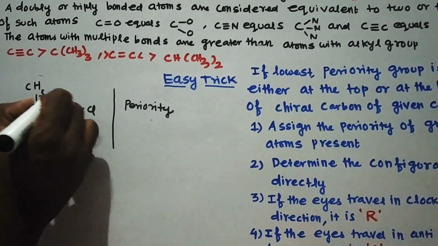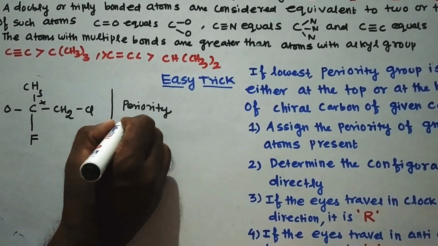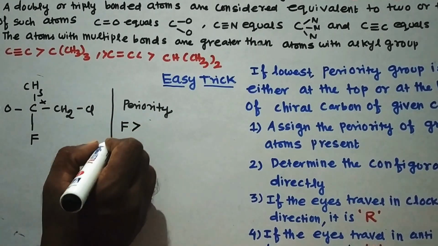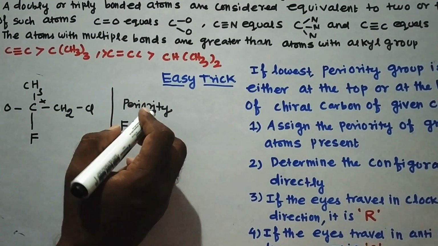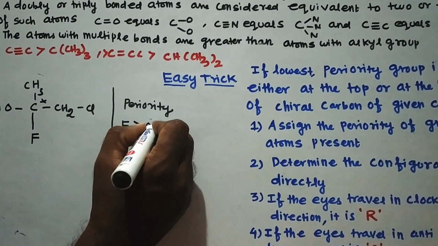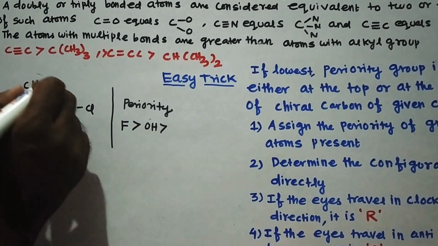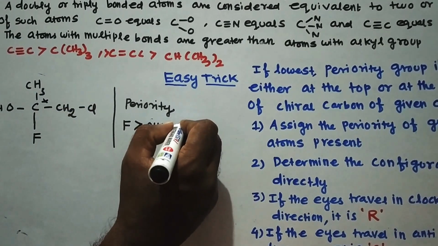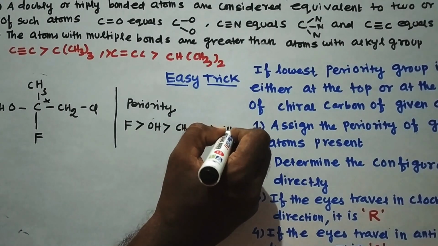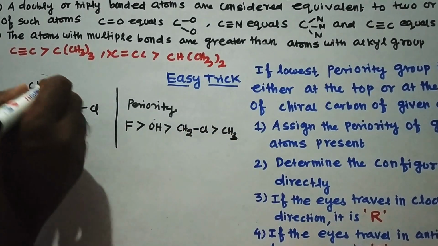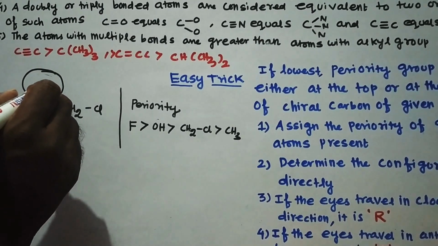As per atomic number, fluorine has the highest priority. Next is OH, atomic number 8. Then there is CH3 and CH2Cl. Third priority goes to CH2Cl and the last priority goes to CH3. Therefore, the lowest priority group is present at the top of the molecule.